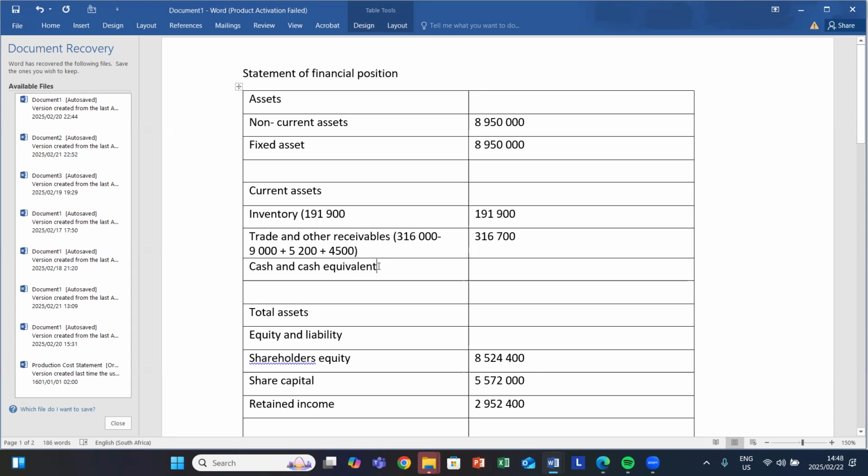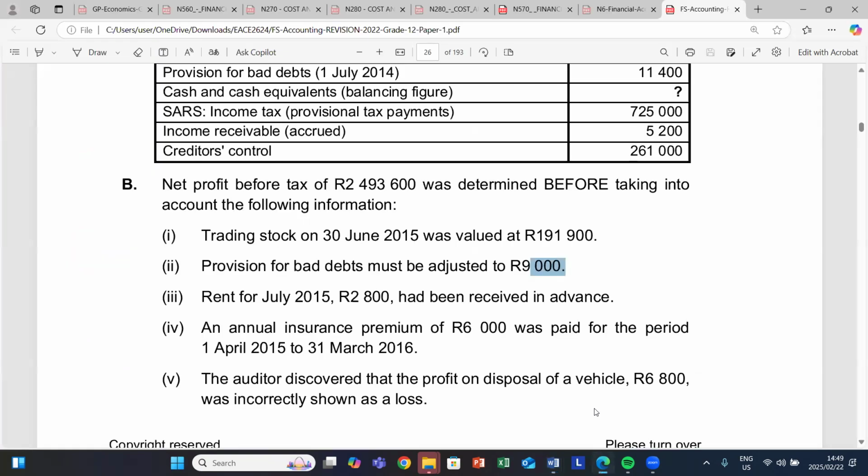Then let us go to cash and cash equivalents. What do you record in it? Please tell us our cash and cash equivalents structure. We record bank that is favorable, petty cash, cash float, and fixed deposits that mature within 12 months.